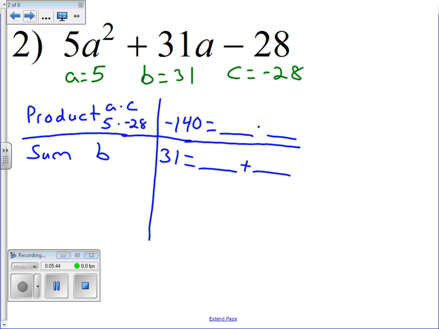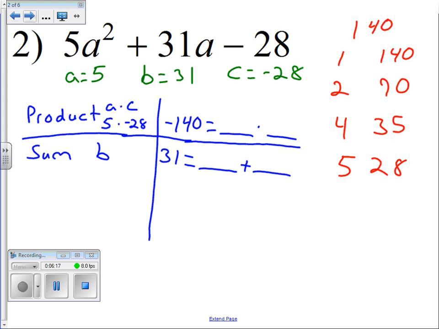If you are still unfamiliar with this process, then you should be writing out all the factors. Once you get the hang of it, the expectation is you not to be writing out all the factors of 140. 1 times 140 gives you 140, 2 and 70, 4 and 35, 5 and 28, 7 and 20, 10 and 14.